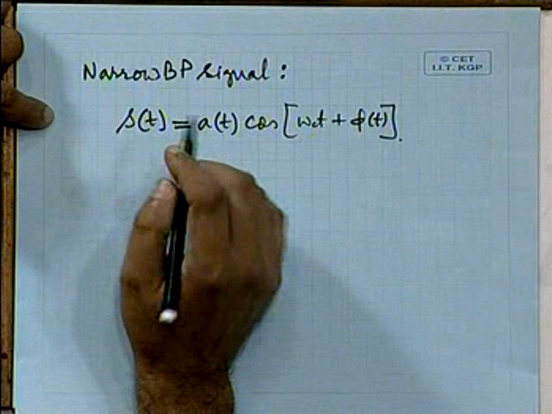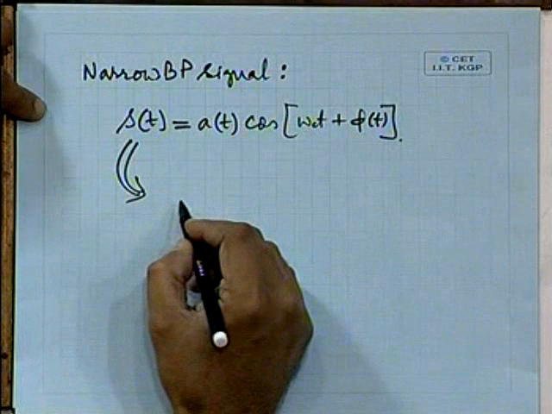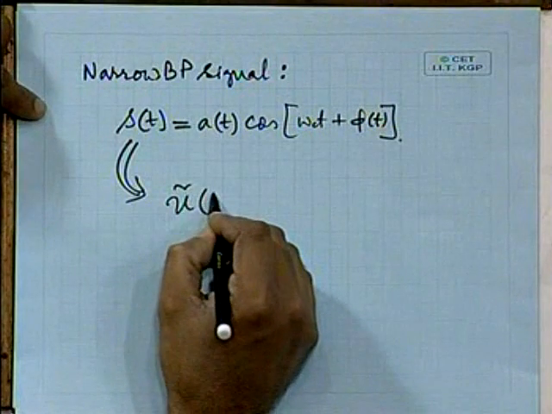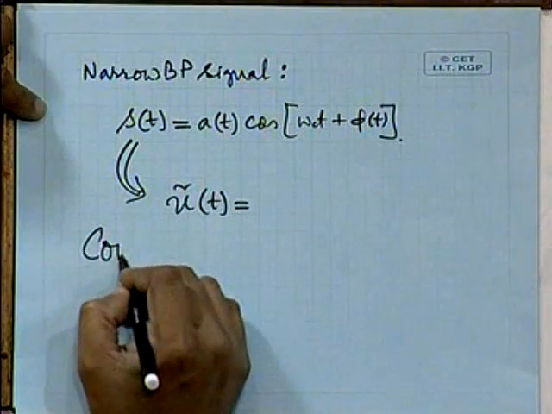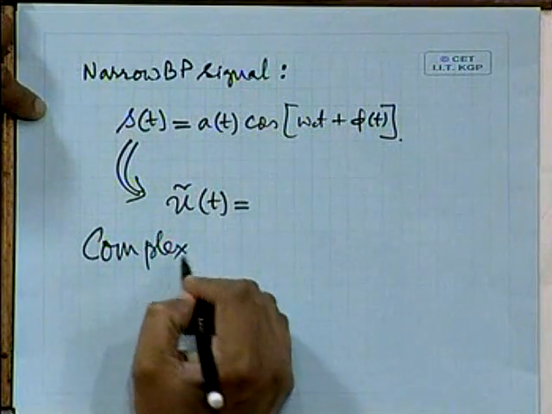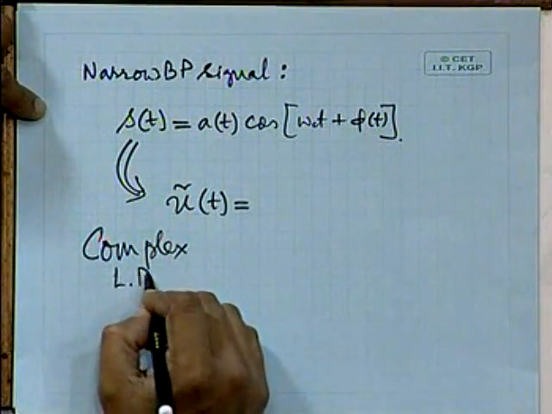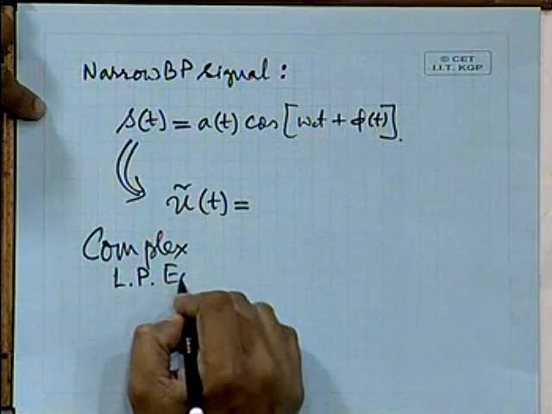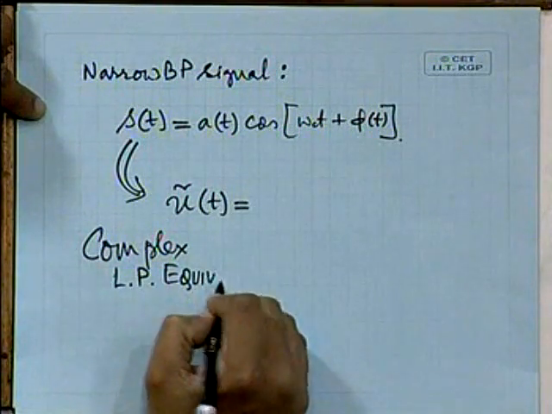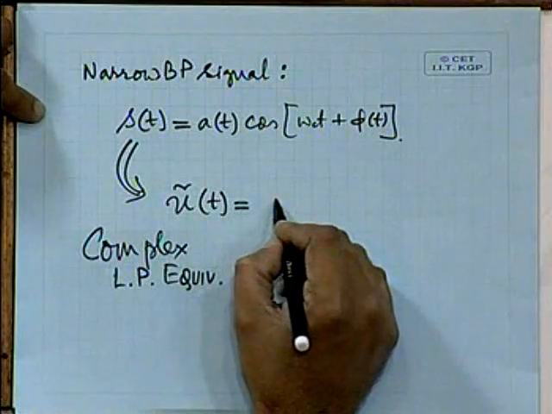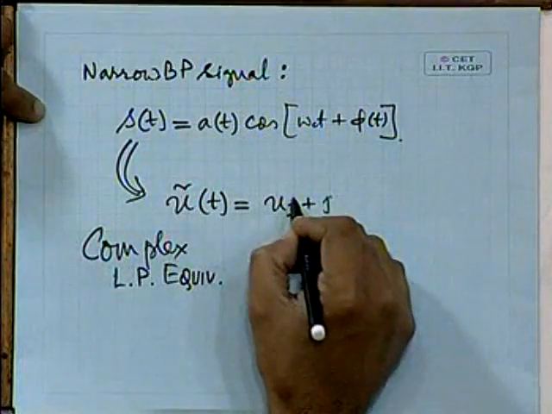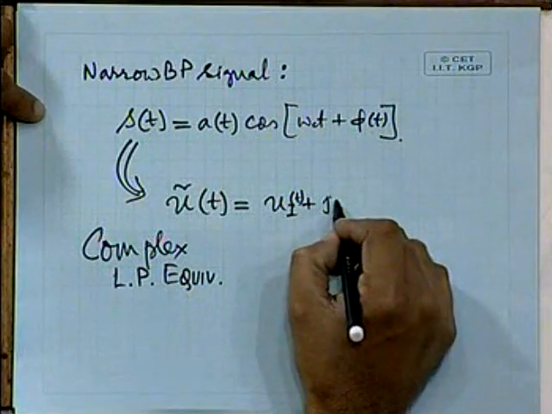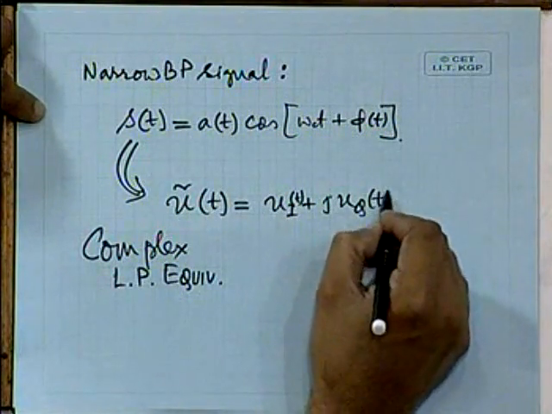How did we represent it ultimately? After some direct multiplication, we came up with an equivalent complex low pass description, which we represented as u(t) equal to u i of t plus j u q of t.